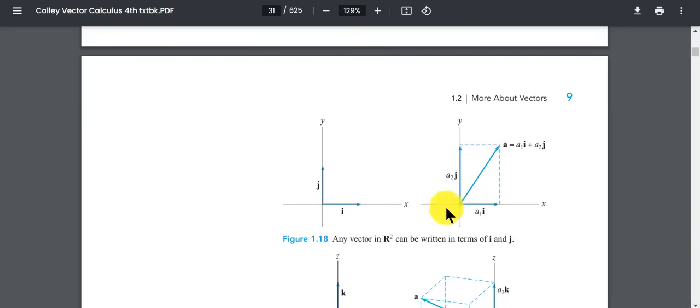I might only go to here, but maybe we have to go double i. So it would be like 2i, or in other words, the coordinate would be 2. And then we'd have to go maybe 3 units in the j direction, for example. So that would be 3j. So the coordinates just get pasted right as coefficients into this expression, and that gives us A.